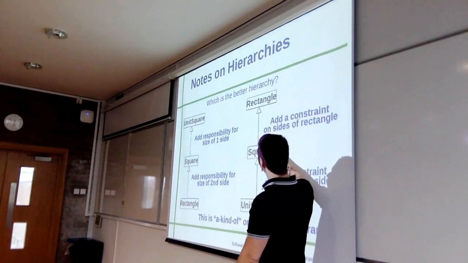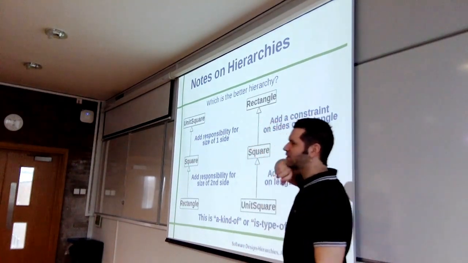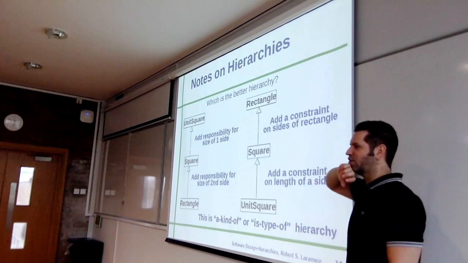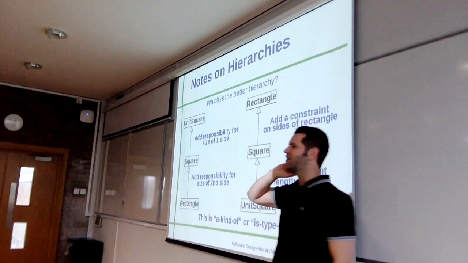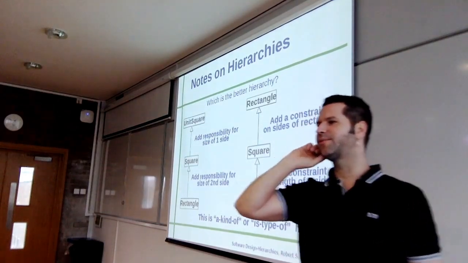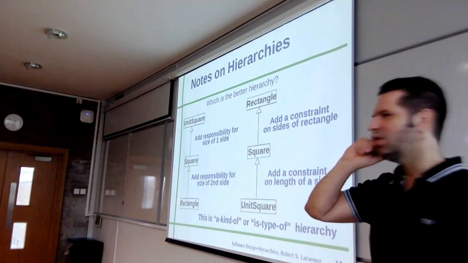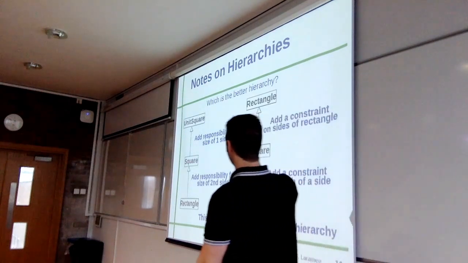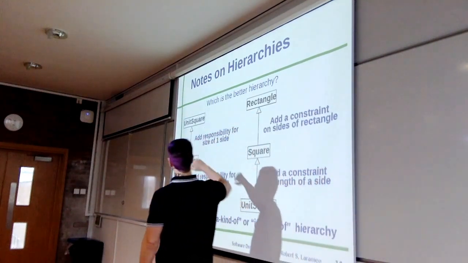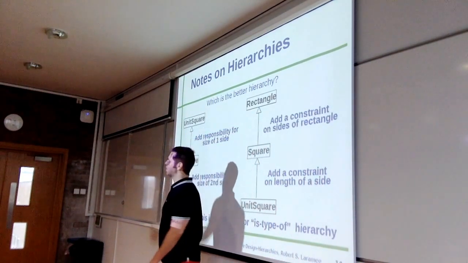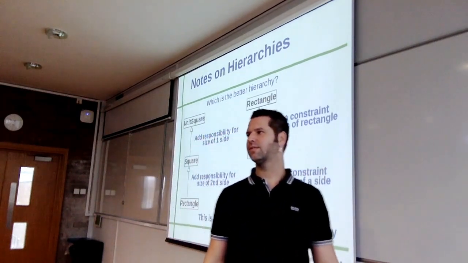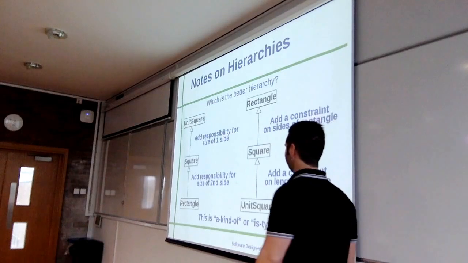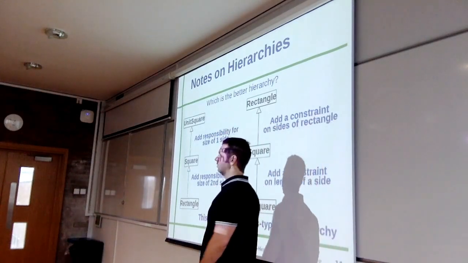So a square is a kind of rectangle. It's a special kind of rectangle. A unit square is a special kind of square. You cannot say that on the left case. You cannot say a square is a kind of unit square. Doesn't make sense. And you cannot say a rectangle is a kind of square.